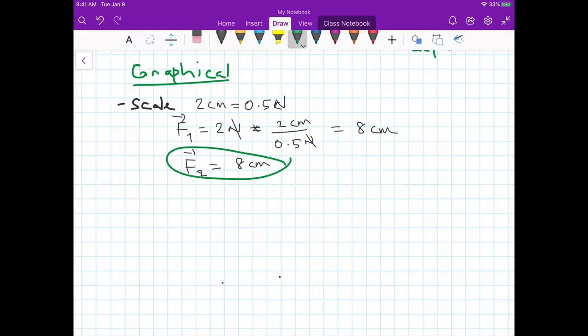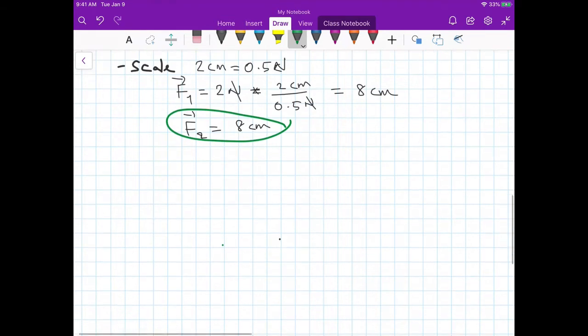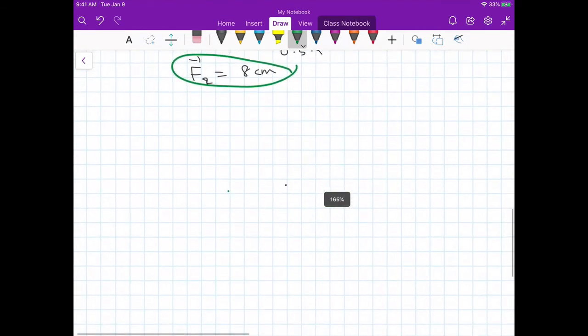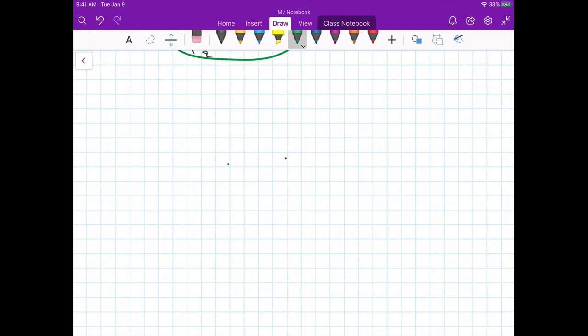The next step is to go ahead and draw the two vectors. Let's assume this is the origin for your graph. Use your ruler and your protractor, measure 30 degrees, and draw a line along here.